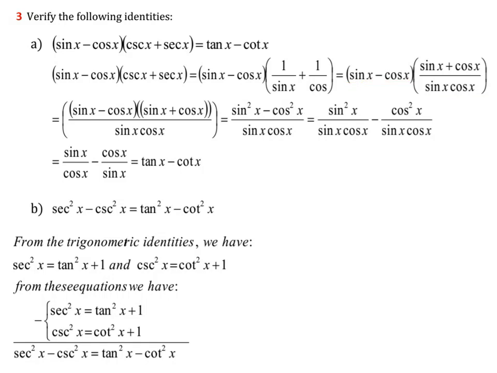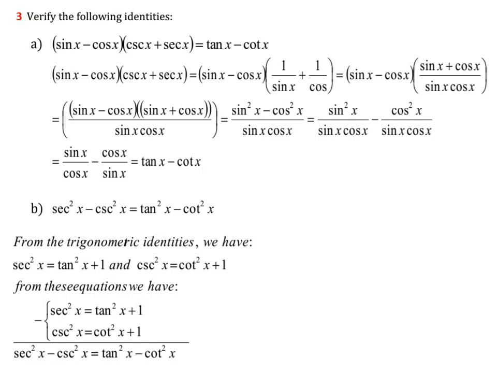Then when we multiply this, using the formula (a minus b) times (a plus b) is the same as a square minus b square, we have sin square x minus cos square x over sin x times cos x.